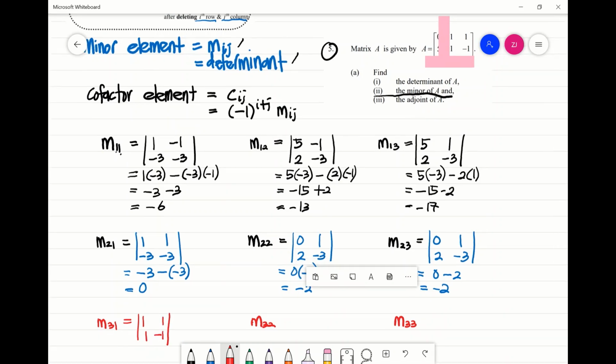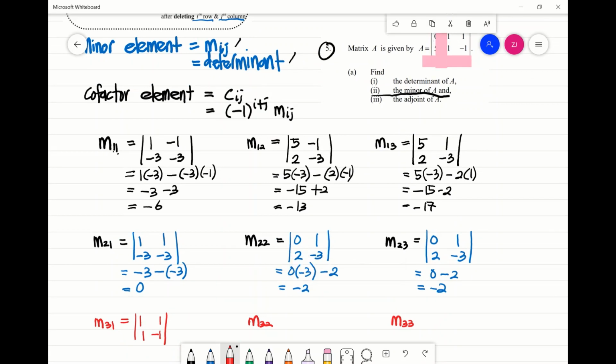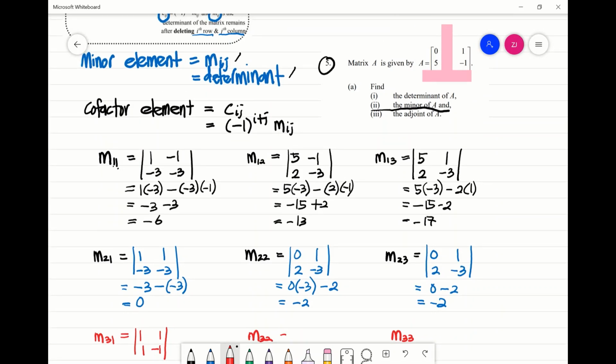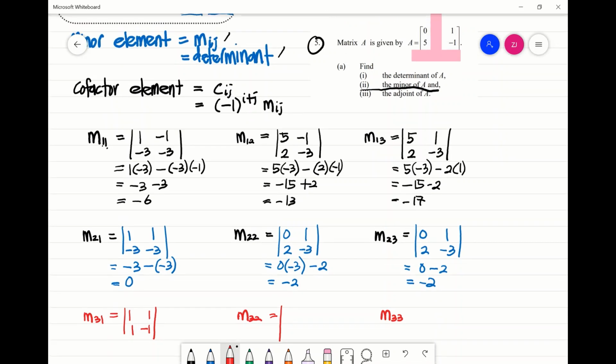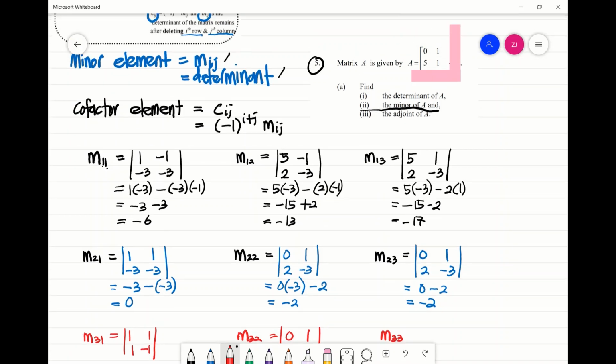And then we close the second column, so we can see the elements 0, 1, 5, -1. And lastly we close the third row and third column, so we will see the elements that remain: 0, 1, 5, 1.